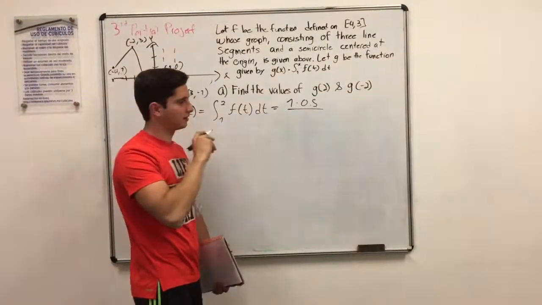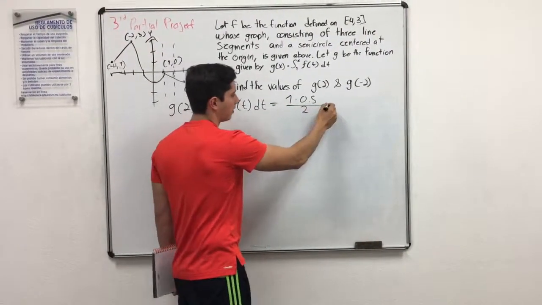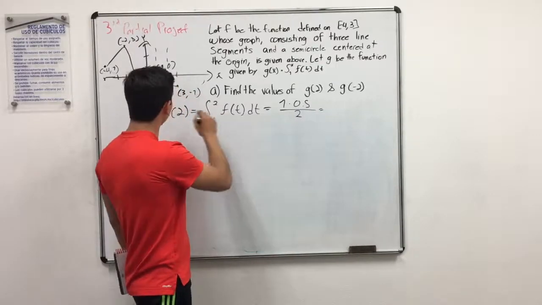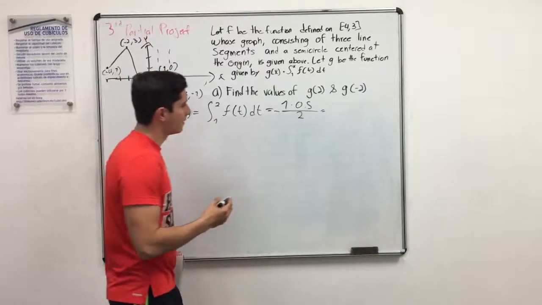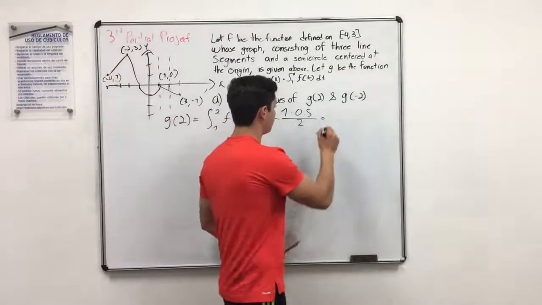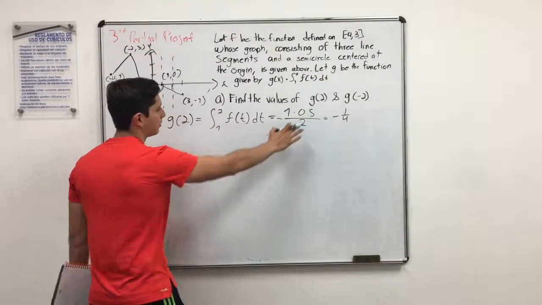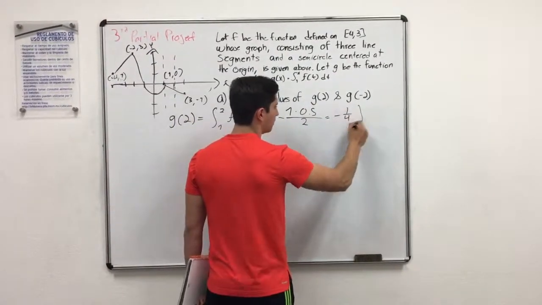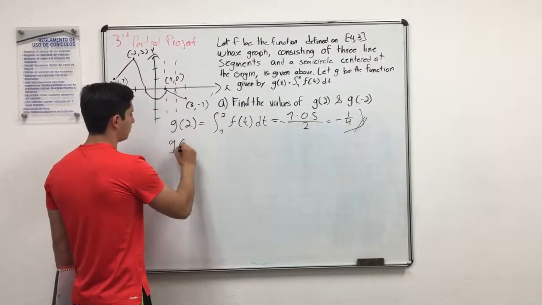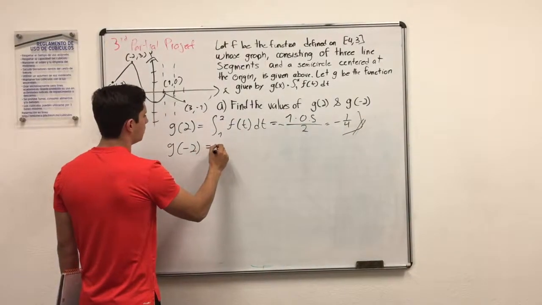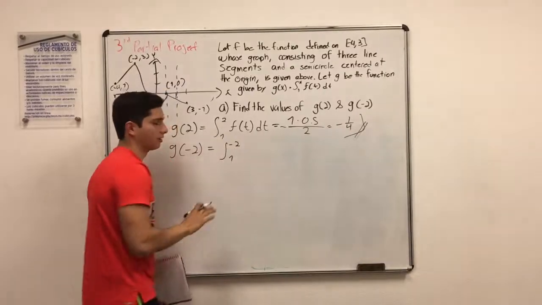The formula says that it's the height times the length over 2 for the area of the triangle. And we know that it is negative because it is under the x-axis. So the value is going to be -1/4. So we now have the value of g(2), which is -1/4.